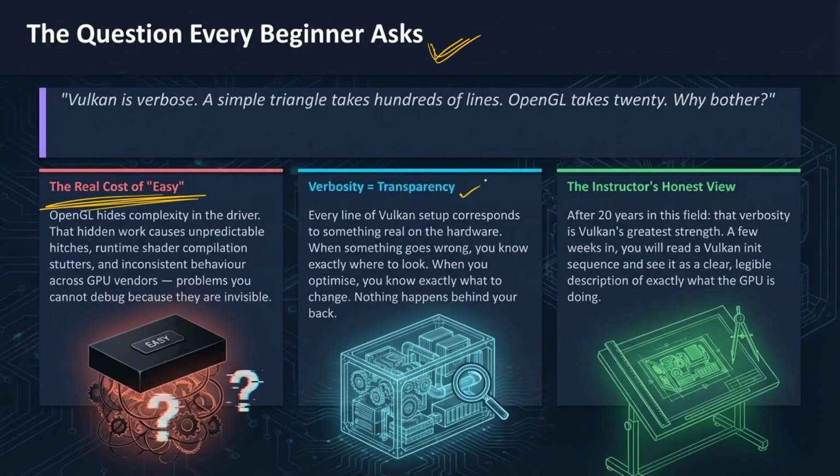The second thing is transparency. Transparency is very important, and that's a promise that Vulkan makes. Every line that you write, everything that you do, provides complete transparency. Yes, it is verbose, but that verbosity comes with a reason: what you are writing is really happening on the GPU.